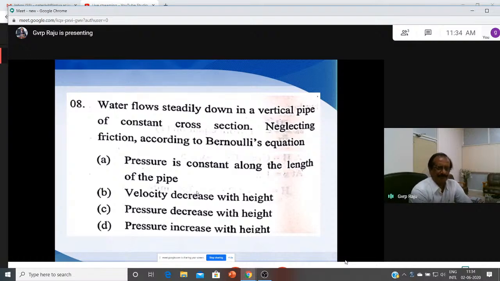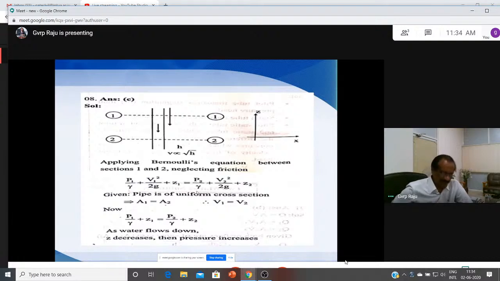Water flows steadily down in a vertical pipe of constant cross section, neglecting friction; according to Bernoulli's equation... Suppose you see here the water is flowing down. We apply Bernoulli's equation between sections 1 and 2: P1 by gamma plus V1 squared by 2g plus Z1 is equal to P2 by gamma plus V2 squared by 2g plus Z2.